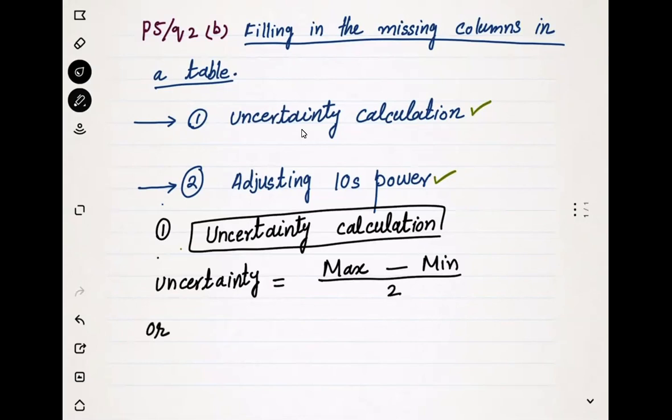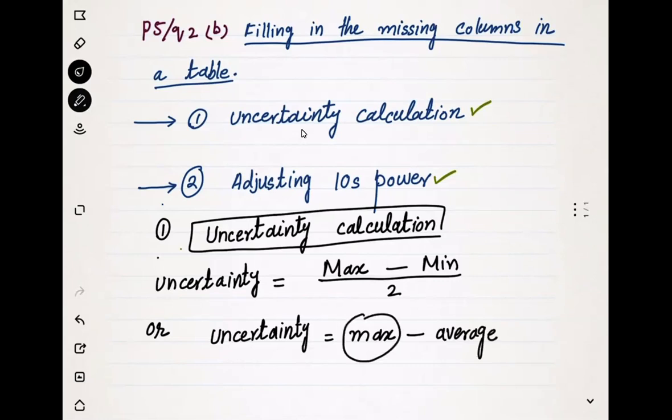Or the other method is uncertainty is equal to maximum value minus average value. So if you subtract the average value from the maximum value, you'll get the uncertainty.